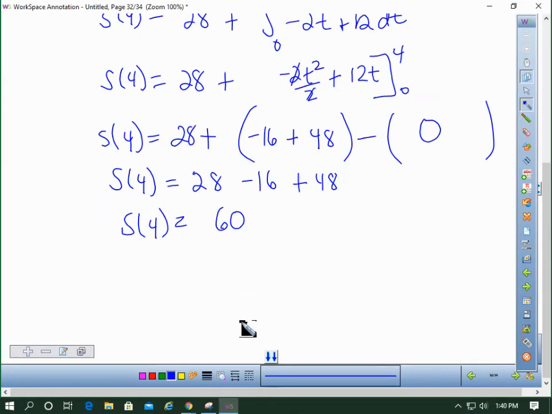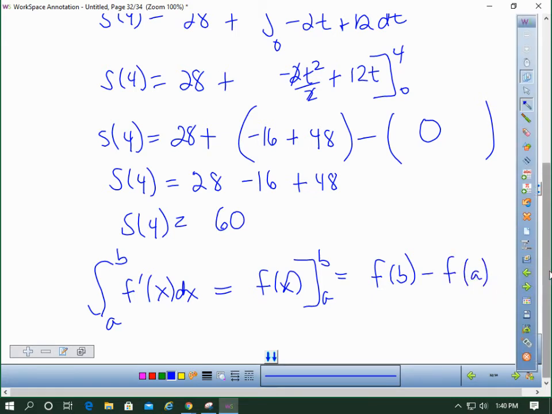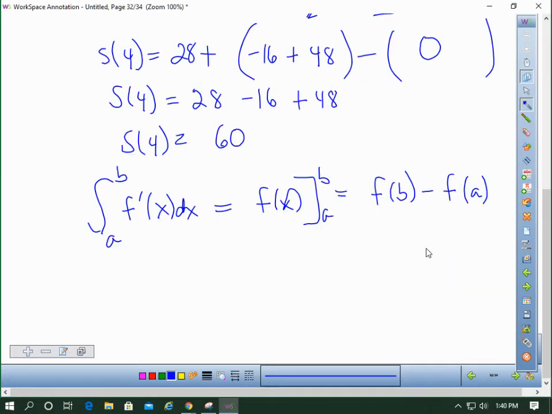So if you remember, the fundamental theorem says when you evaluate an integral, this is f prime inside here, you do the antiderivative, so that'd be f of x, and then you evaluate it from a to b. So that gives you f of b minus f of a. And so really all you're doing is adding this f of a over to this side.